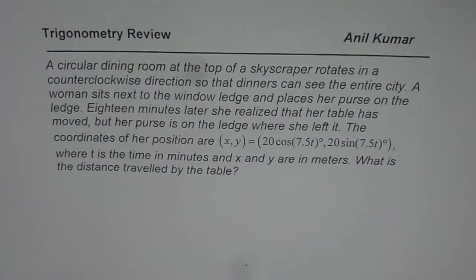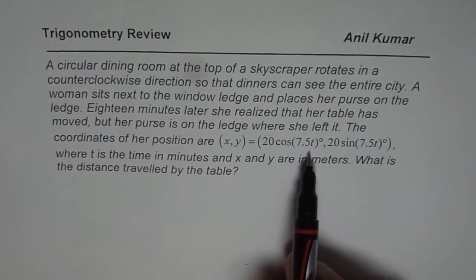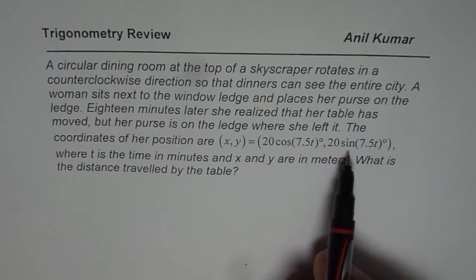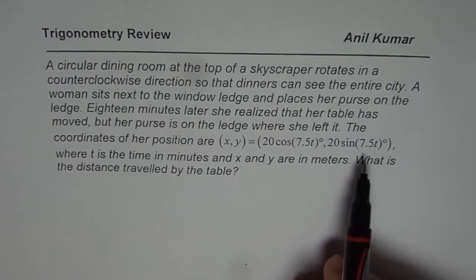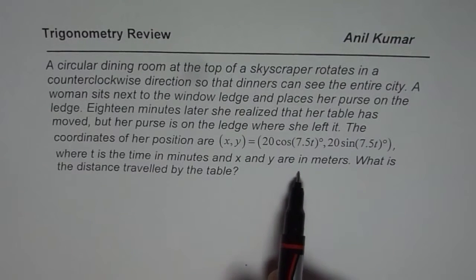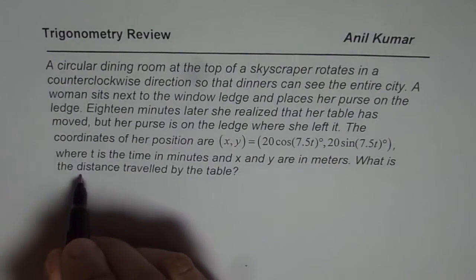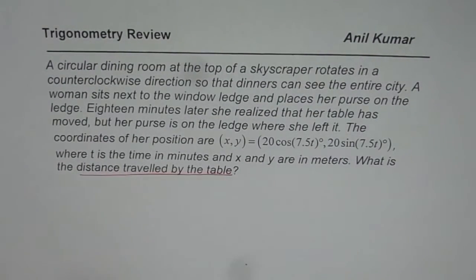The coordinates of a position are (x, y) = (20 cos 7.5t°, 20 sin 7.5t°), where t is the time in minutes and x and y are in meters. What is the distance traveled by the table? So we need to find the distance traveled by the table. So that is the variation for the question in the book.